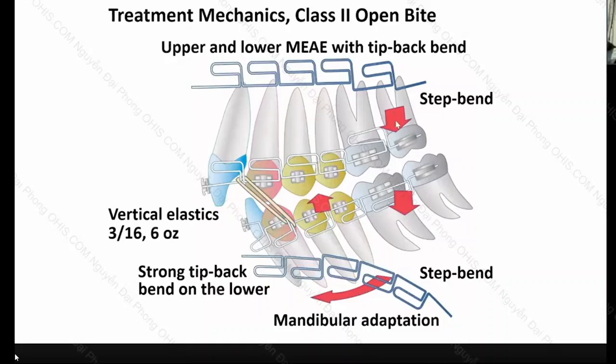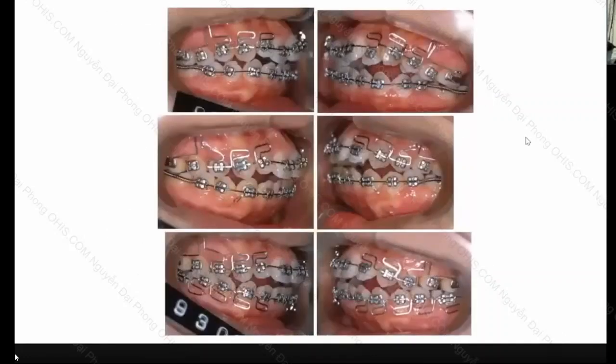Then treatment starts like this. For the first 2-3 months, I use what we call a modified offset arch wire, not a multi-loop, in order to upright only the 6, or lower 6 and 7 and 6.